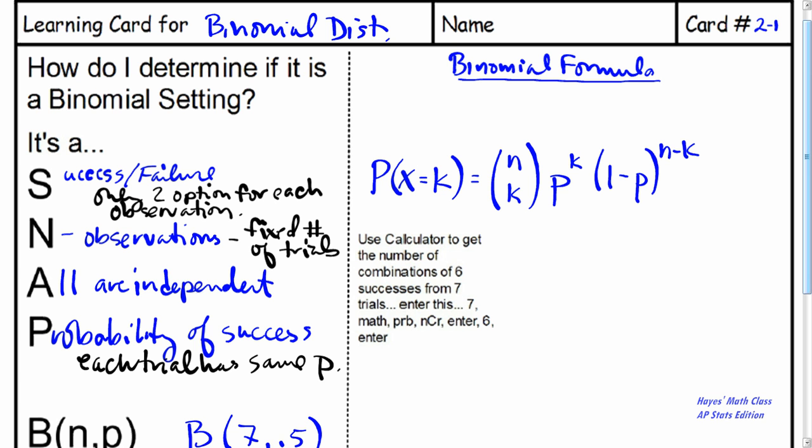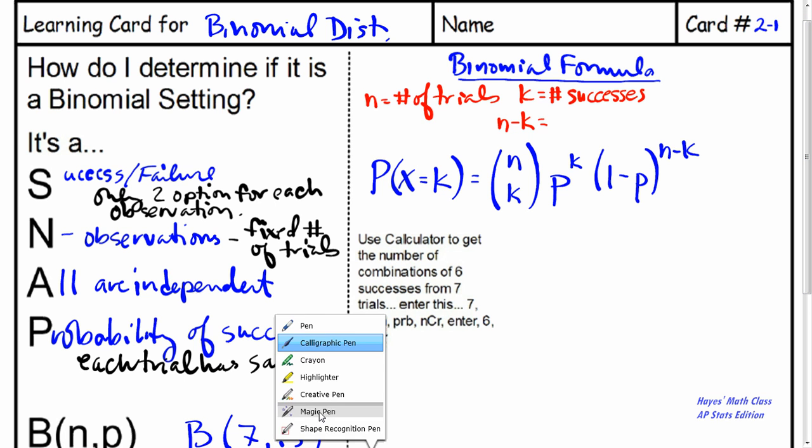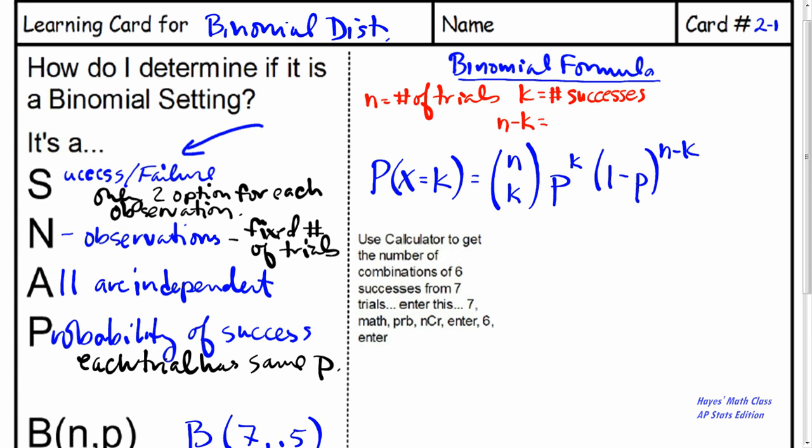So again, remember, n is the number of trials. That means that k equals the number of successes, which means that if I take k away from the number of trials, remember back over here, we either have success or failure. So if k is the number of successes, then n minus k has to be the number of failures.